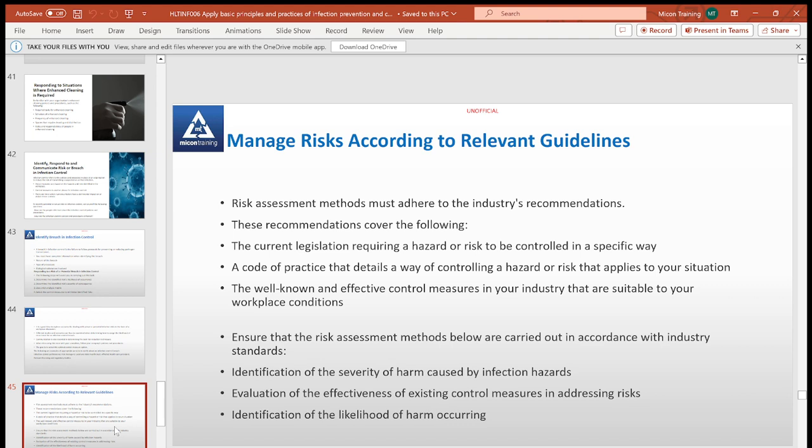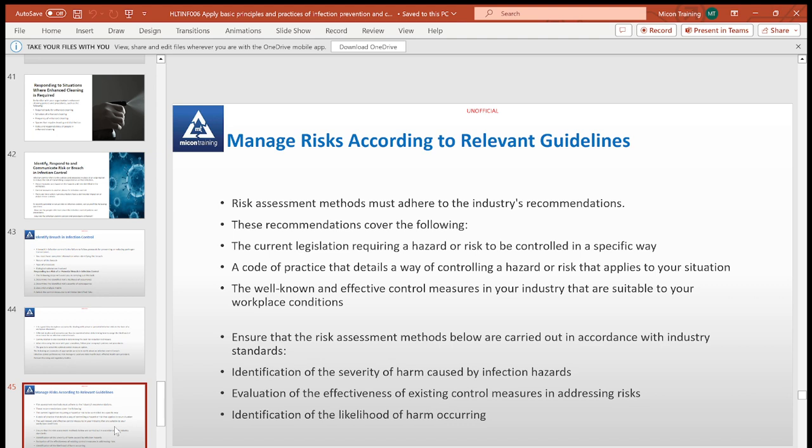This recommendation covers the following. 1, the current legislation that requires a hazard or risk to be controlled in a specific way. 2, a code of practice that details ways of controlling a hazard or risk that applies to your situation or your industry. 3, the well-known and effective control measures in your industry that are suitable to your workplace conditions as well.